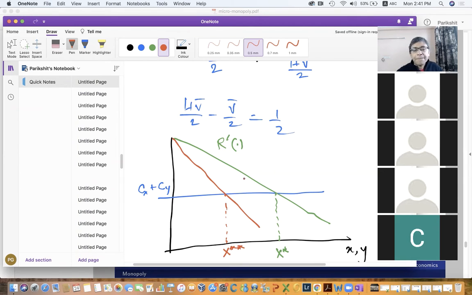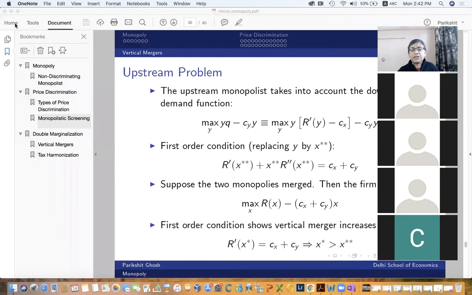You can see that if the merger happened, output will actually expand, and therefore the price of the final product, furniture, will fall because we slide along the demand curve. Higher production, higher sales, lower prices.